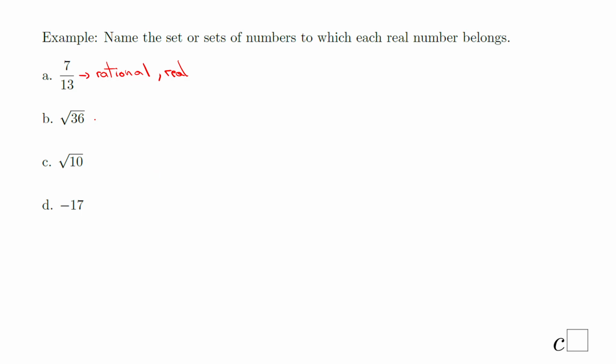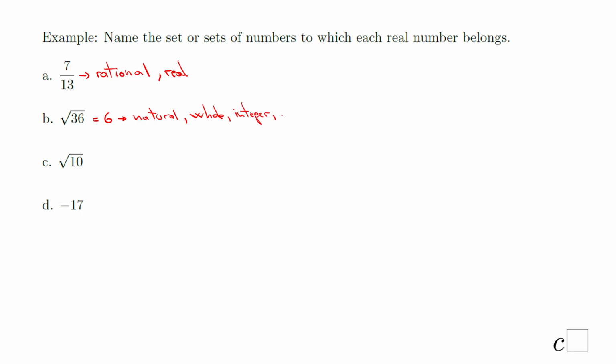For b, first of all, I'm going to simplify that square root of 36, and that is 6. And then we can take a look, and this 6 is what? It is a natural number, but we can also call it a whole number. We can call it an integer.